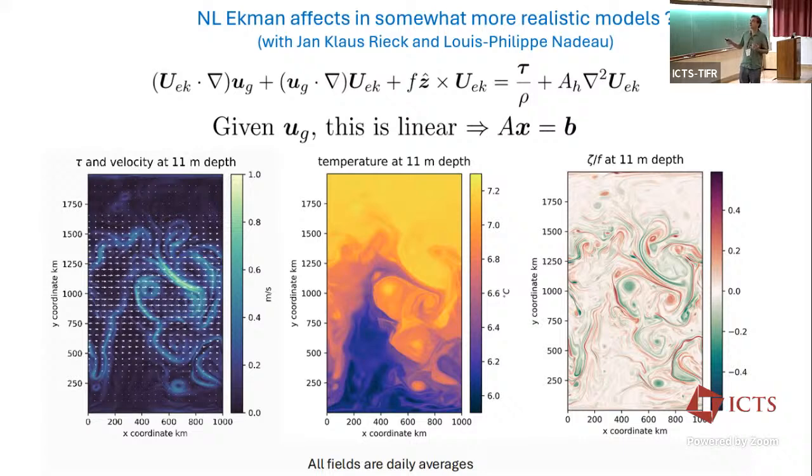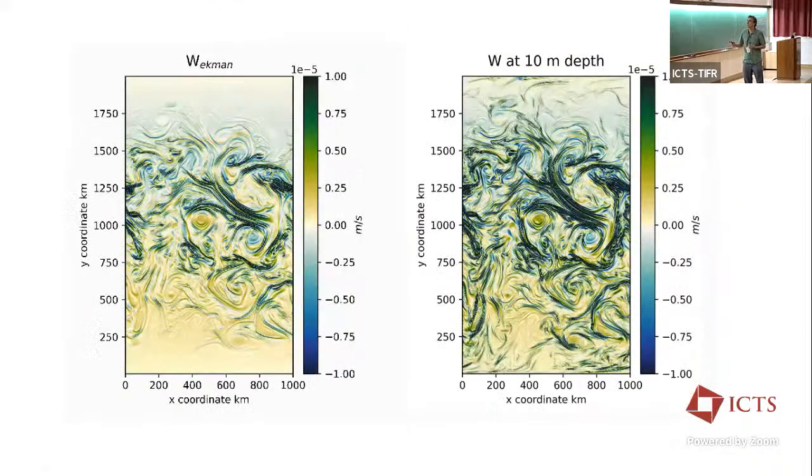So this is just a linear equation with variable coefficients. The variable coefficients are the U's and V's. And so it's just Ax equals b, right? It's just a big matrix problem. And we used a GMRES method to solve it for W. And here's our Ekman GMRES solution for W.